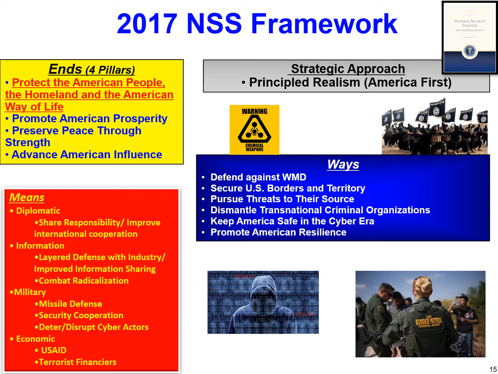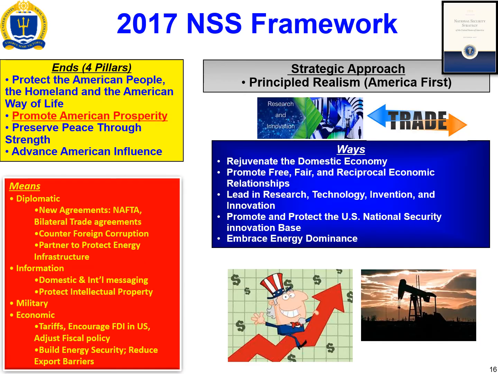So the first one is to protect the American people, and you can see that it really depends on all elements of DIME, and that the ways in which we will do that are to make sure that we can defend against weapons of mass destruction, that we will secure our borders, and that we will make sure that we don't allow people safe haven in any place.